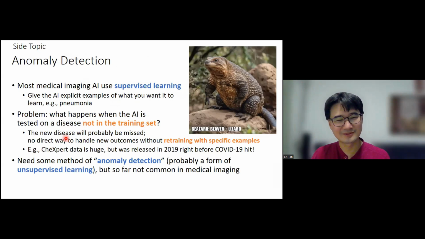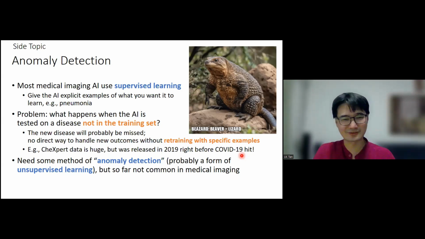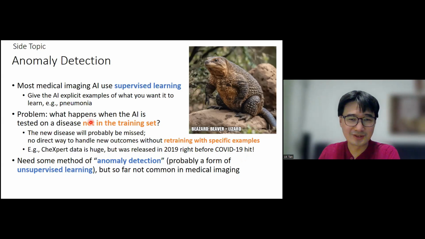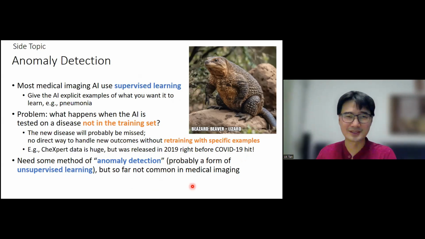So for example, that CheXpert data I just mentioned, a lot of data, 200,000, but it was released in 2019, right before COVID-19, which means if you train it on the CheXpert data and you pass it a COVID-19 patient, it will not be able to categorize it correctly. So we probably need to have some form of anomaly detection rather than a specific supervised learning inside there, for it to be more generalizable to go into the future. But so far, this is not very common in medical imaging.